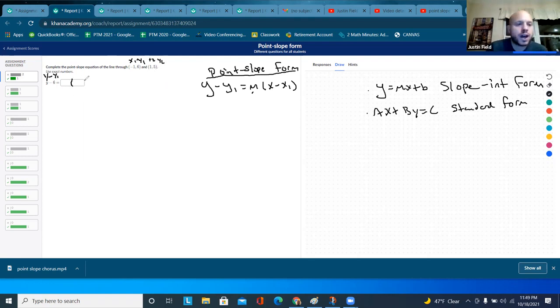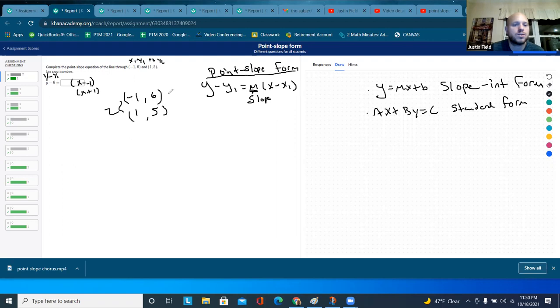So we know that on this side, it's going to be x minus 1. No, negative 1, which is x plus 1. But the m, just like in slope-intercept form, is the slope. So we need to find that slope. So let's go ahead and put the points over top of each other and find our slope.